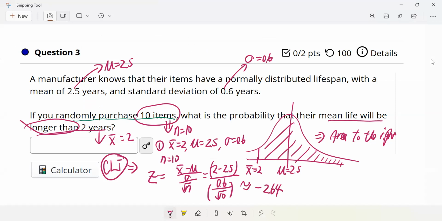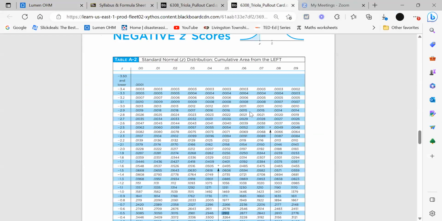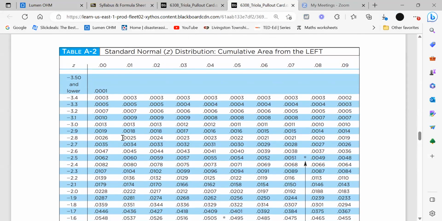Now, based on that z-score, we will find the area to the left. So find this area right here on table A2. Negative 2.64. Negative 2.6.